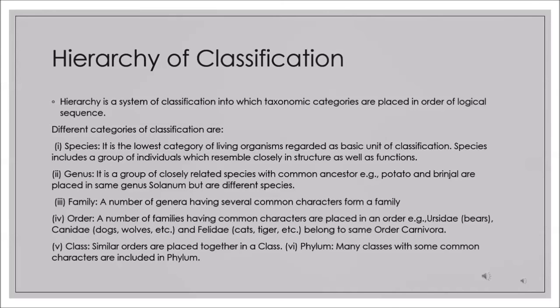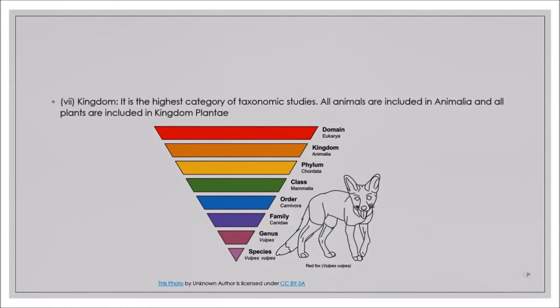So the next is class. Similar orders are placed under one class. And next is phylum. Many classes with some common characters are put under one phylum. And finally, kingdom. It is the highest category of taxonomic studies.